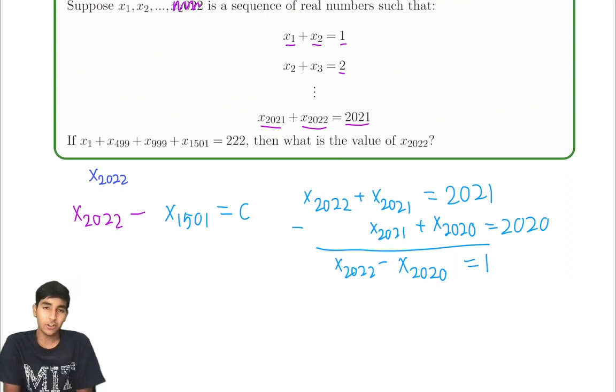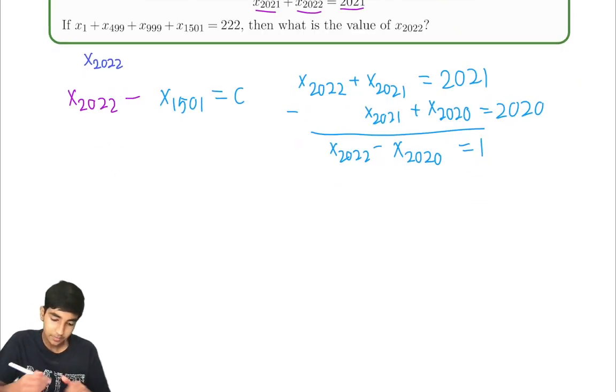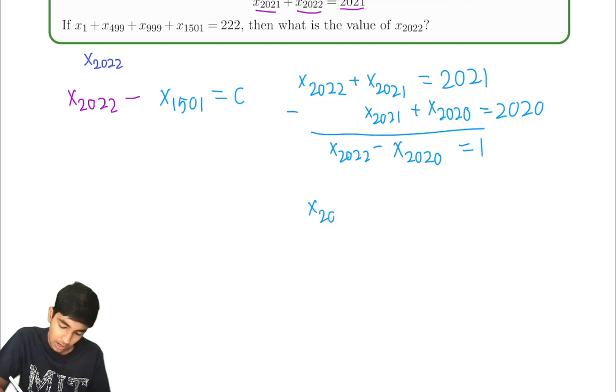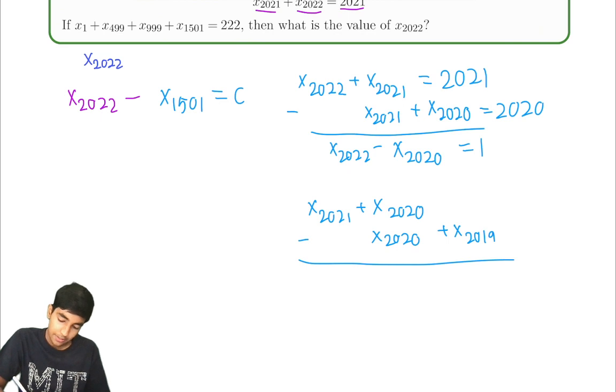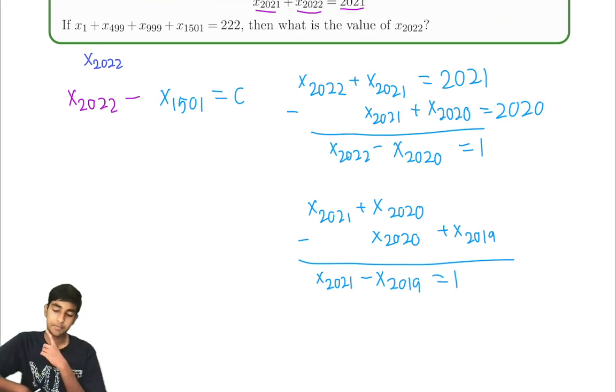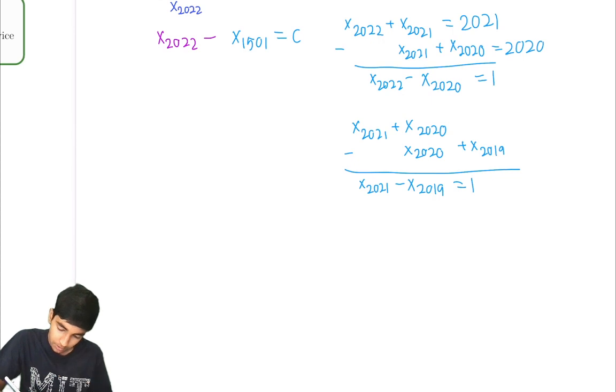Let's try it again. Maybe this time let's subtract x of 2021 plus x of 2020 minus x of 2020 plus x of 2019. This gives us x of 2021 minus x of 2019 equals 1. Okay, is this always true? We can do the same thing.